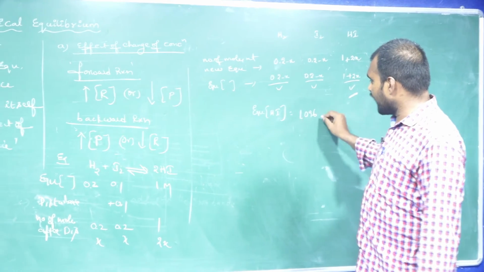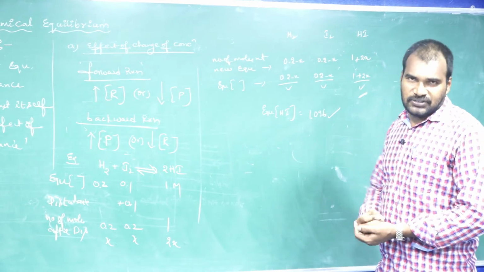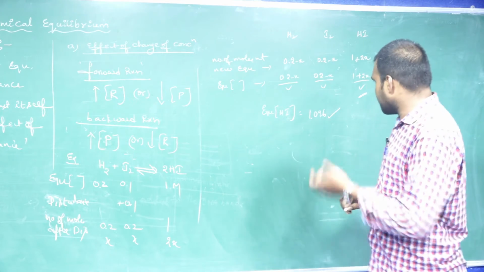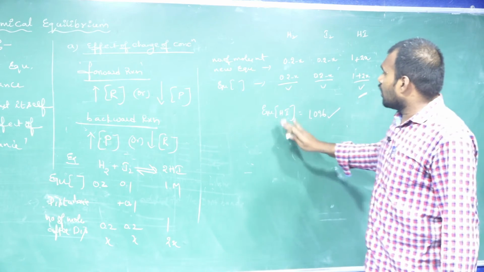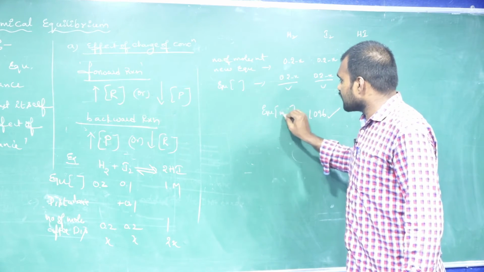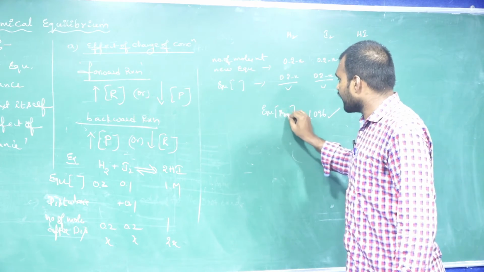Okay, 1.096 new equilibrium concentration. Not this is the new equilibrium moles, number of moles of HI they given.